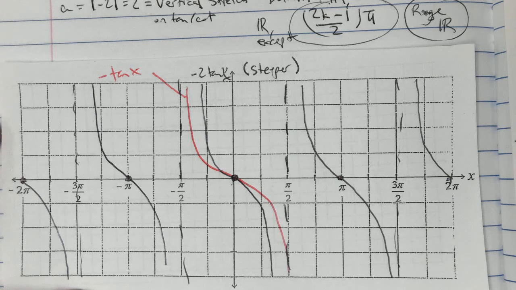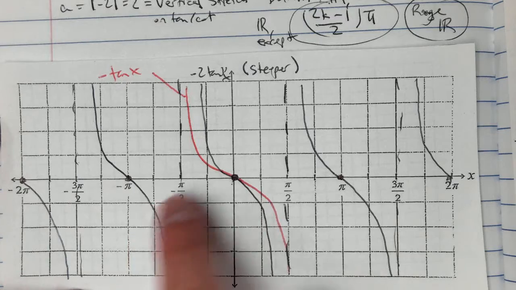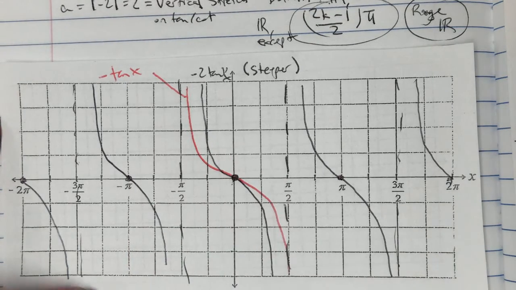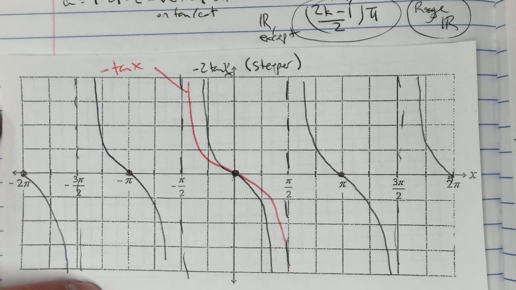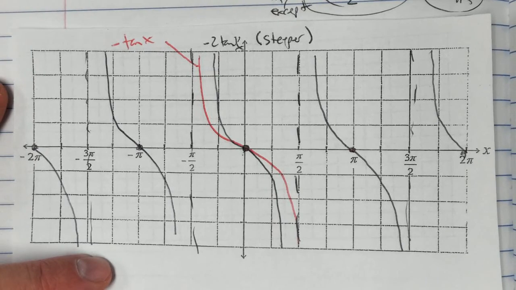Any questions? So all we really care about, for the most part, are the x-intercepts and the asymptotes, but do try to make it look a little steeper than a regular one would. Okay, so there's 18. Looks like y'all are done writing that.